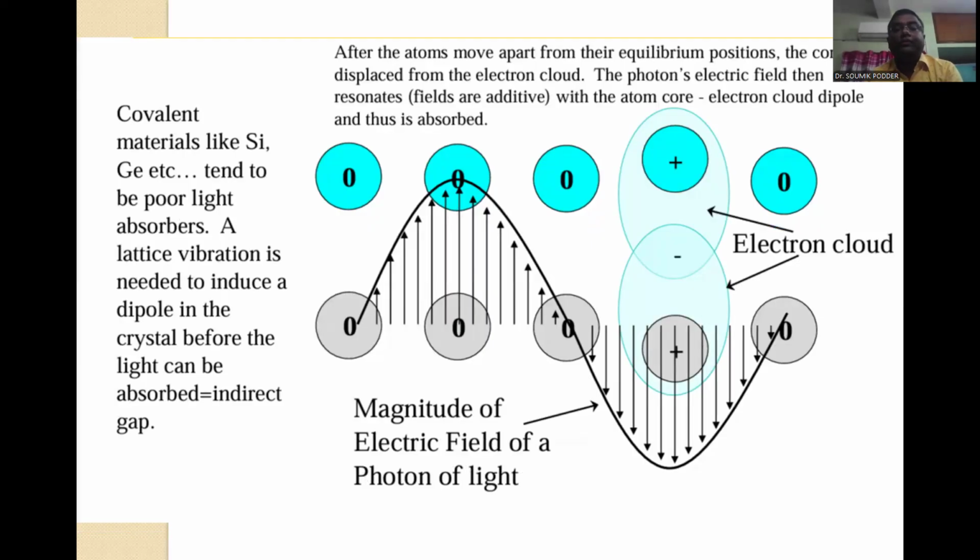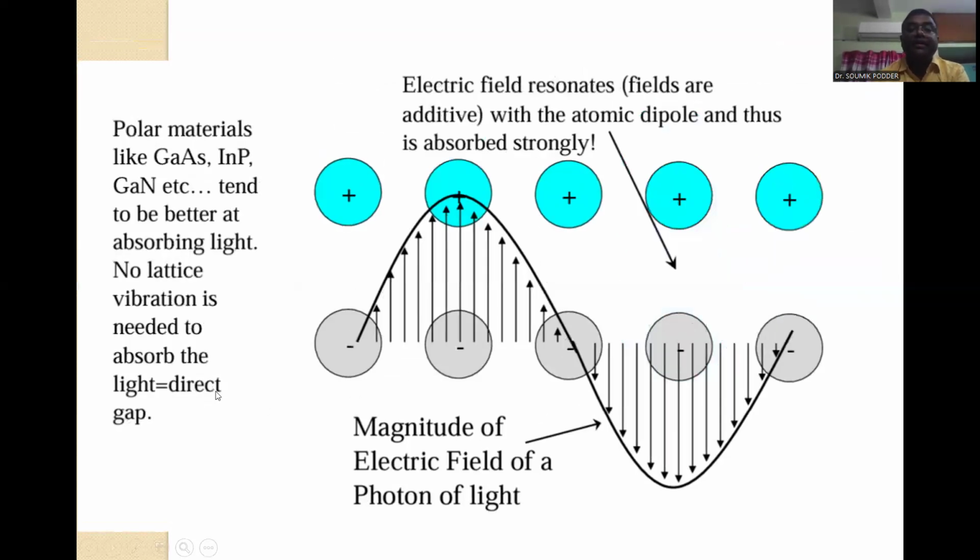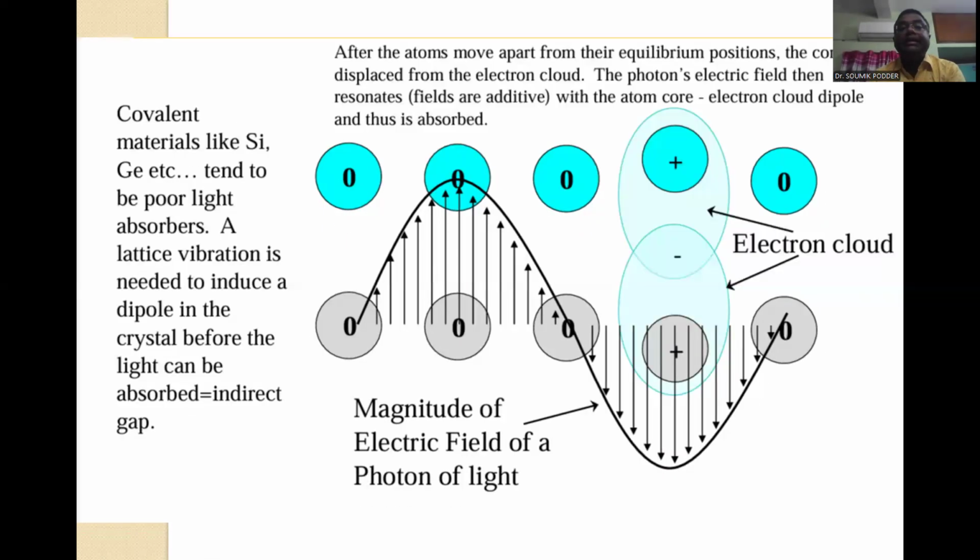Now, in the case of covalent materials such as silicon and germanium, they are poor light absorbers. Here we see the positive and negative pole atomic dipole, and the electric field varies very consistently. But in the case of silicon and germanium, the incident light will not be able to polarize them.